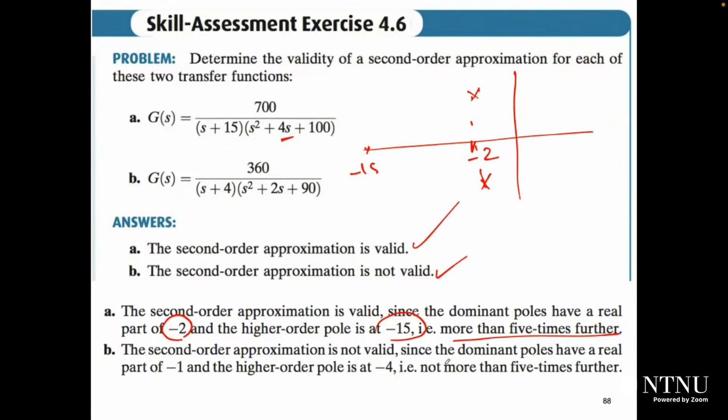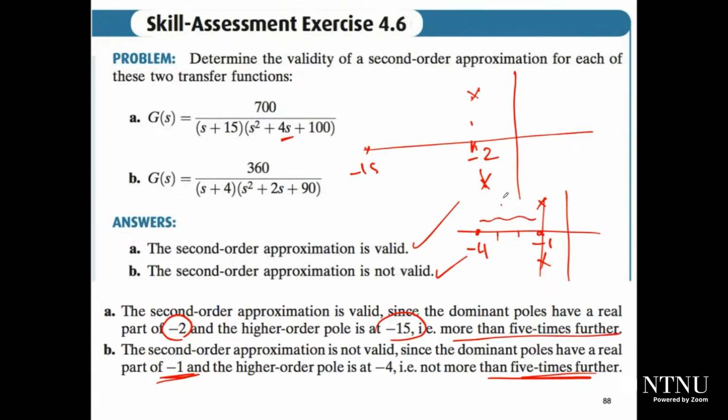For the second system, it's not valid. We cannot approximate it by a second order system because the dominant poles have a real part at minus 1, and the higher order pole is at minus 4, which is not more than 5 times further. It's just 3 times further.